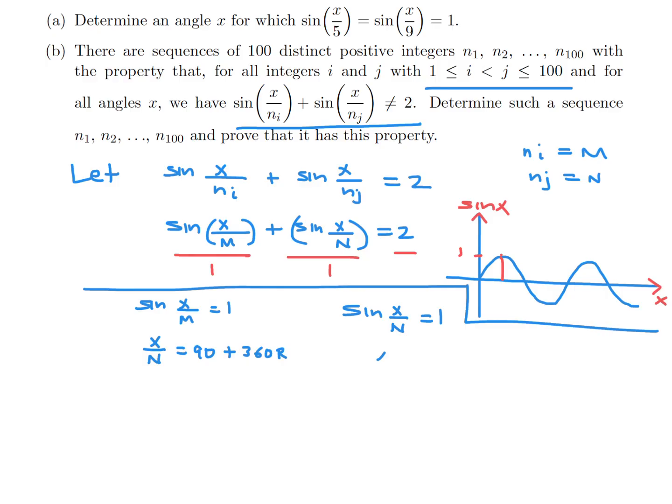And in the same way, x over n is also going to be 90, but instead of r, I'll use a different letter. I'll call it s. So if I multiply through by m, it'll be x equals 90m plus 360mr, and this will be x equals 90n plus 360ns.